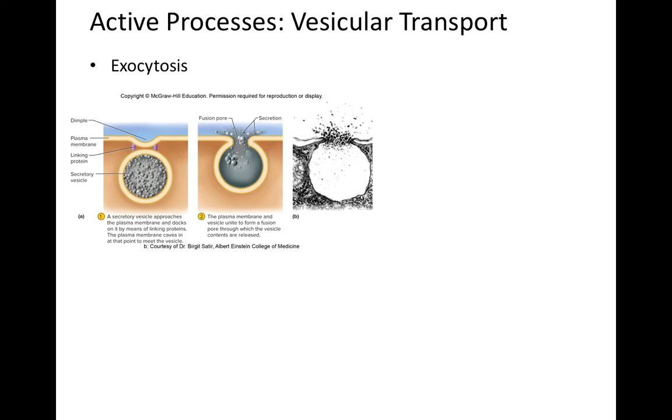The opposite is called exocytosis, when we form a vesicle in the cell and then we want to release the contents into the extracellular fluid. Again, movement of the vesicle through the cell, the fusion with the membrane, all of this requires ATP, which is why this is active.